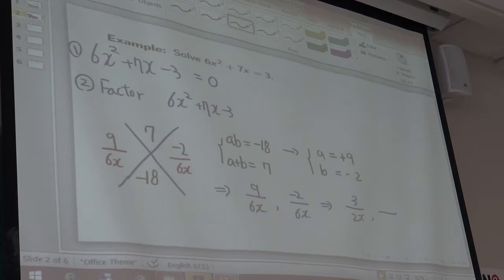Negative 2 over 6x, we divide by 2, and we get negative 1 over 3x. So from the first part we have 2x plus 3, and from the second part we have 3x minus 1. So this is 2x plus 3 times 3x minus 1 is equal to 0.